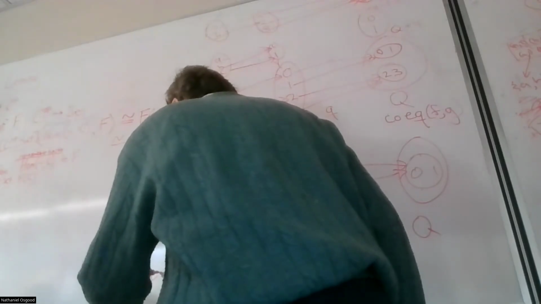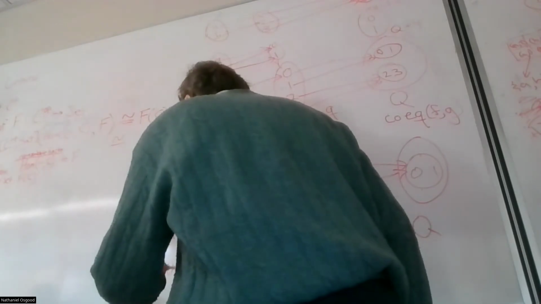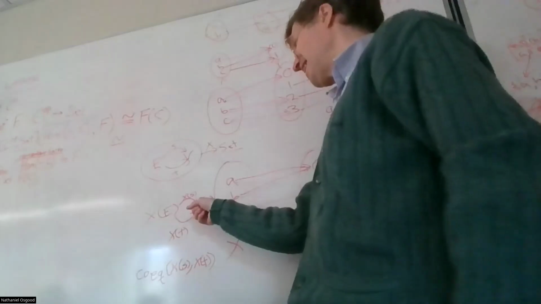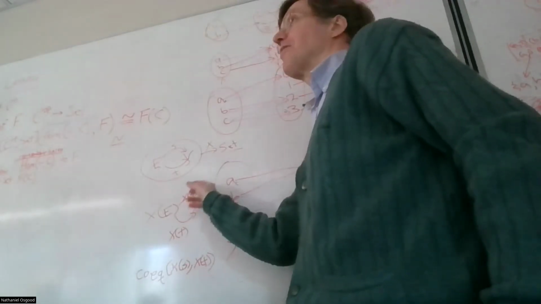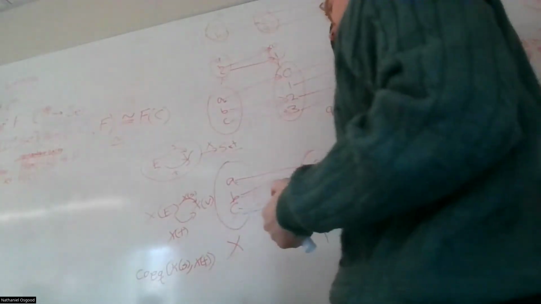The coequalizer of those functions, you know what it is? It's a set of equivalence classes of V, of these vertices, kind of clumping together vertices.